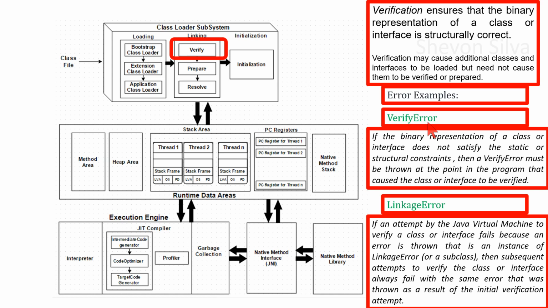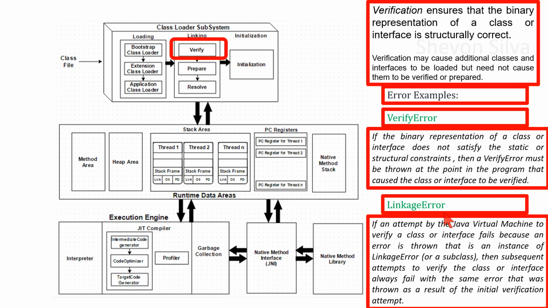If the binary representation of a class or interface does not satisfy the static or structural constraint, then a verify error must be thrown at the point in the program that caused the class or interface to be verified.